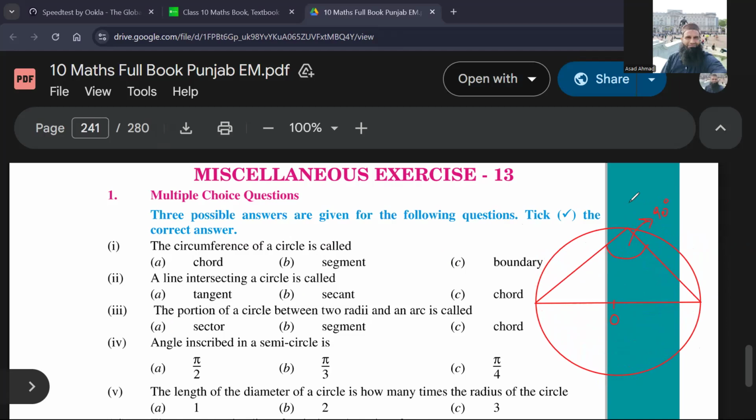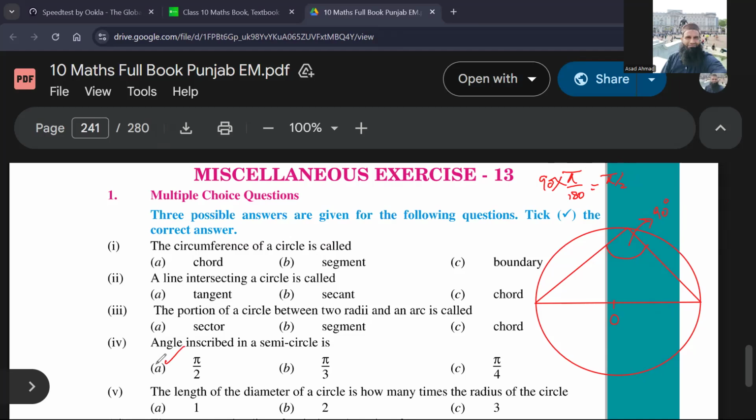You can also see an angle in a semicircle is of 90 degree. And 90 degree, by changing it into radians, it will become pi by 2. So pi by 2 will be the answer.